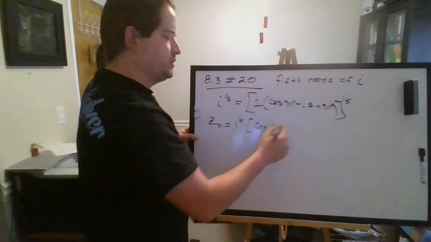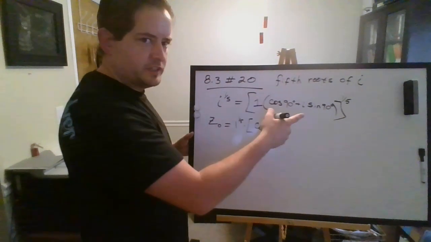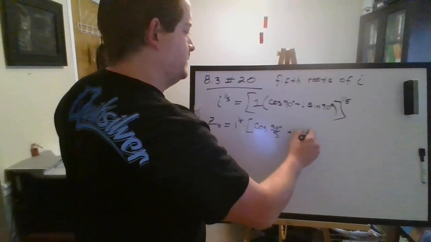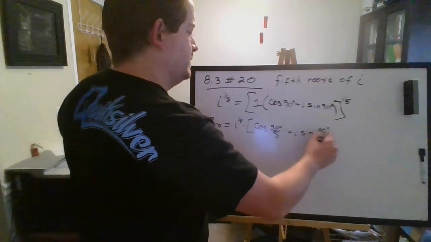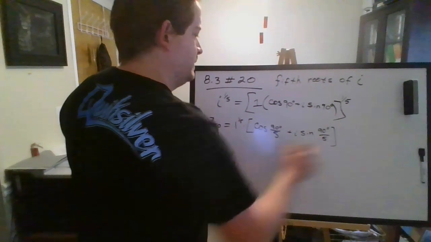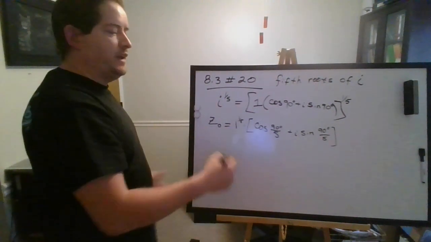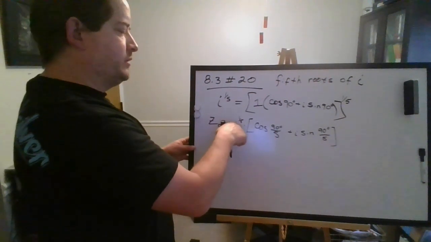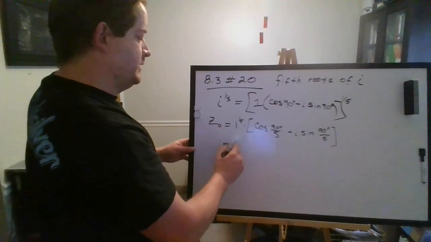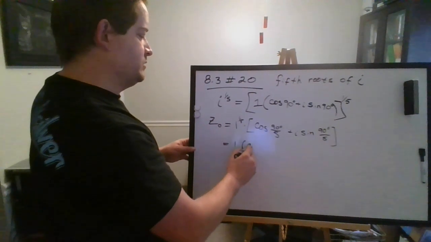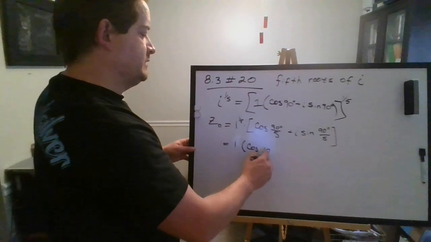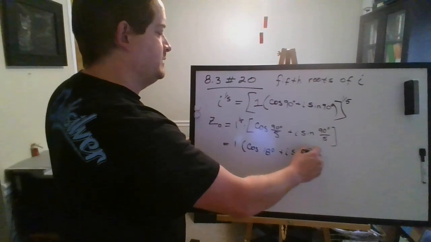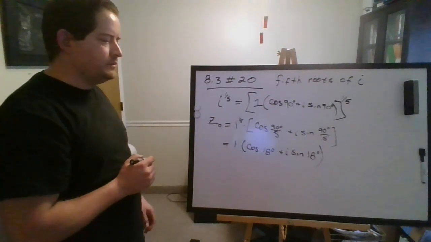And it's the 5th root, so it gets divided by 5. If it were the 6th root, it would be divided by 6, and so on. And so then 90 divided by 5 is 18. And so my angles are 18 degrees. This radius is 1 to the 1/5, but that's still just 1. So I get 1 multiplied by the cosine of 18 degrees plus the I times the sine of 18 degrees.